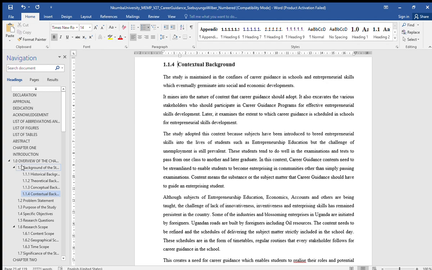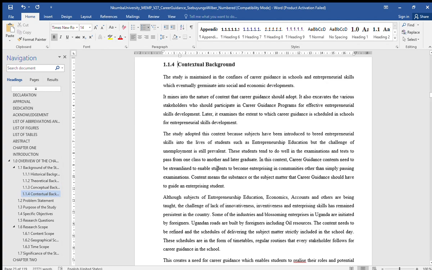So background of the study was 1.1. Historical background is 1.1.1. Then theoretical background is 1.1.2. Conceptual background is 1.1.3. Then we have the contextual background 1.1.4.